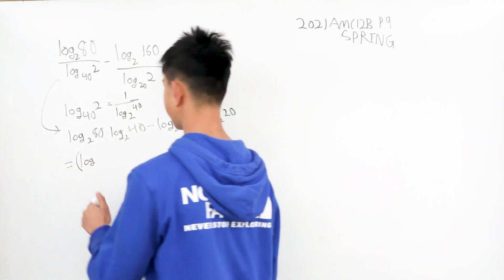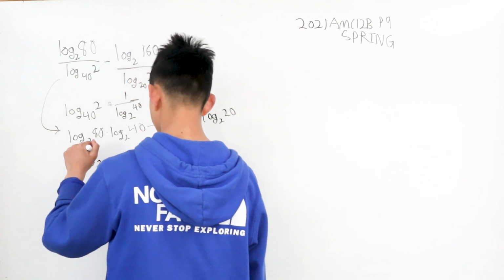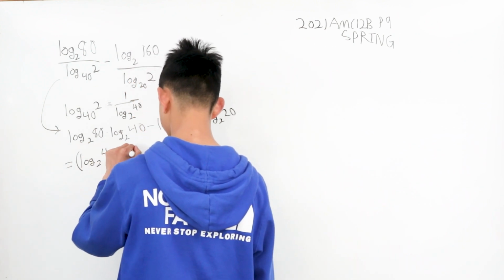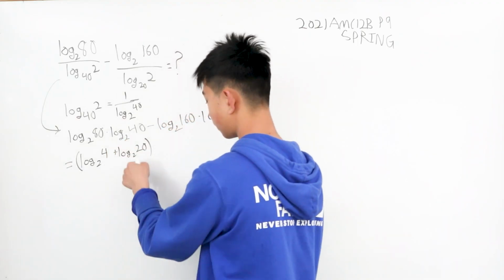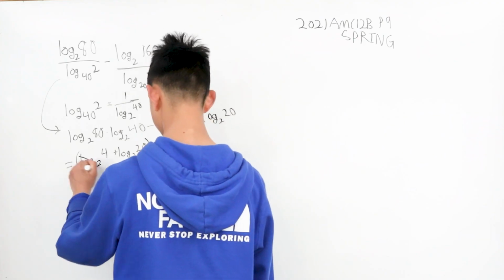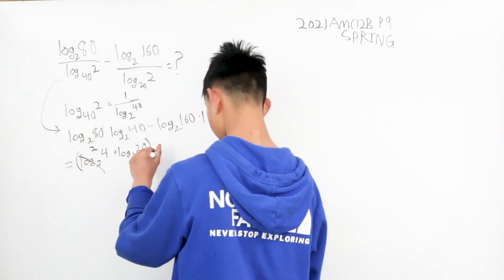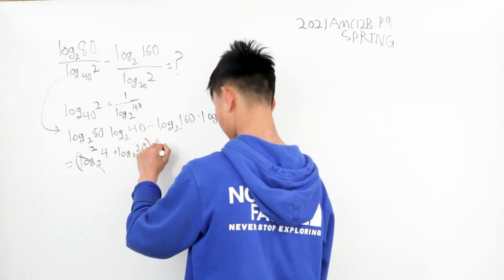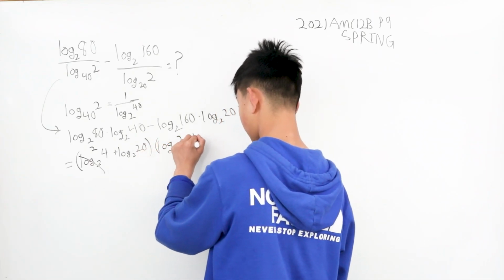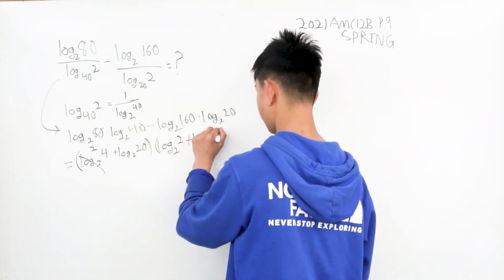For log base 2 of 80, this is going to be log base 2 of 4 plus log base 2 of 20. We see that we have log base 2 of 20 in this one, and then log base 2 of 4 just cancels out to 2. And then this becomes log base 2 of 2 plus log base 2 of 20.